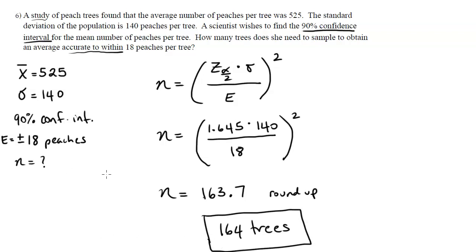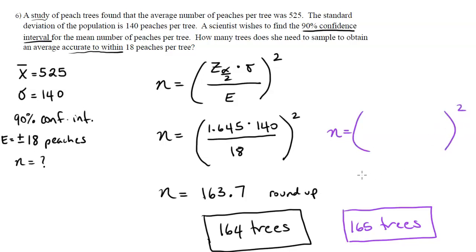I'll say one more thing. If you look at the solutions for this problem, it says 165 trees, right? So I'll put that in purple. Solution on the review sheet says 165 trees. Now, I'm not saying this is wrong or this is wrong. They're both correct, but here's why that happened.